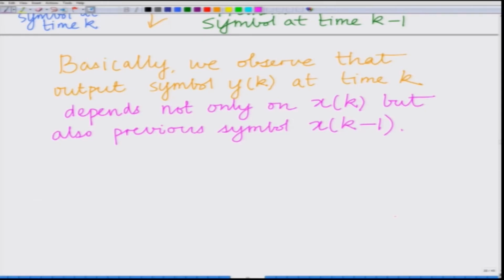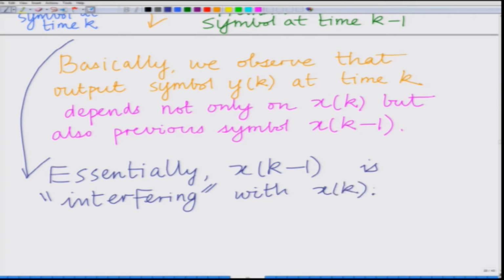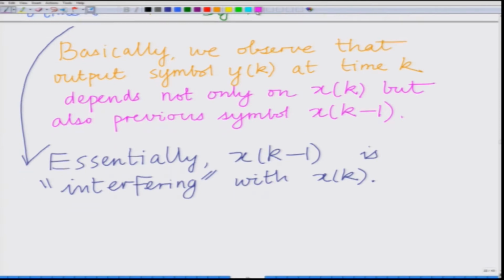Essentially, xk minus 1 is interfering with xk.